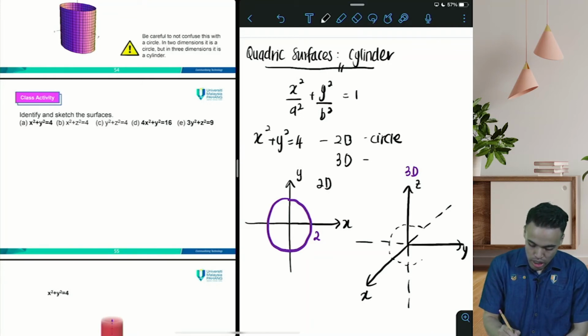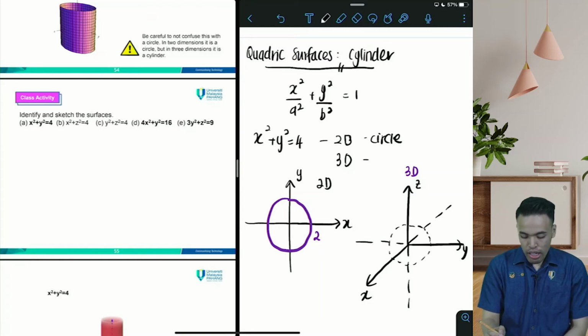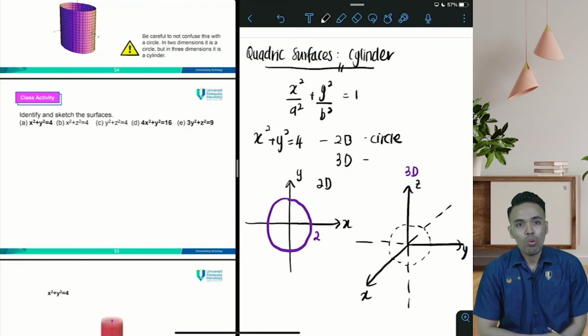Let me sketch the base first. And then in this expression, x squared plus y squared is equal to 4, there is no variable z.